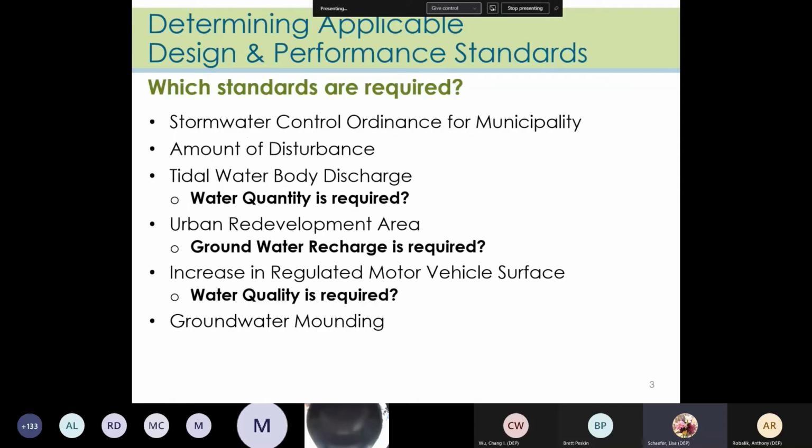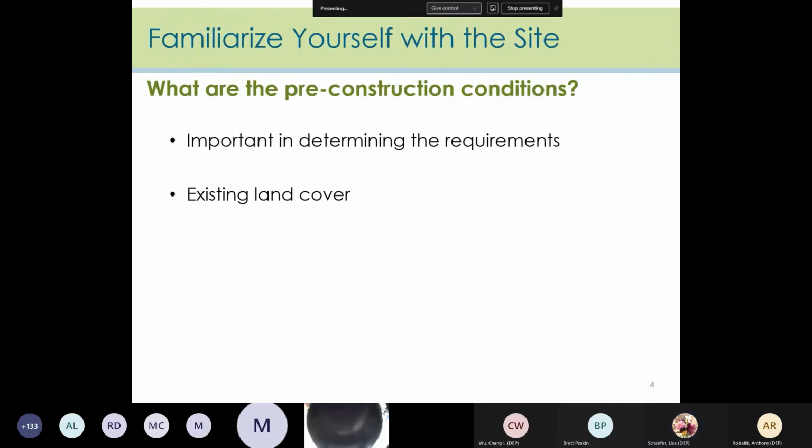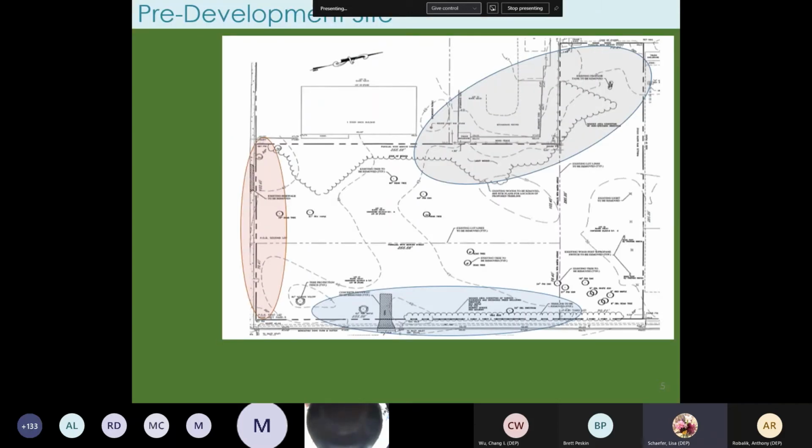So obviously you're going to figure out what standards apply and then check them for compliance. Obviously the pre-construction conditions set the stage, so it's important to get everything right. In this site, we have 1.5 acres that consists of light woody vegetation along the property lines, and the property itself is surrounded by commercial and residential uses.